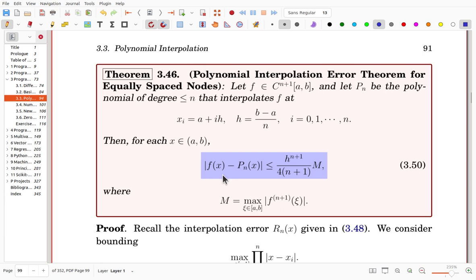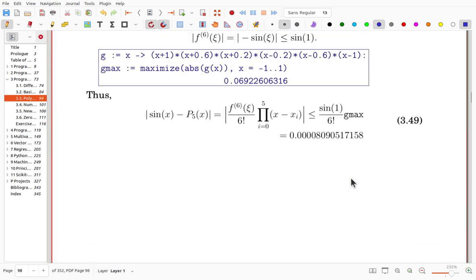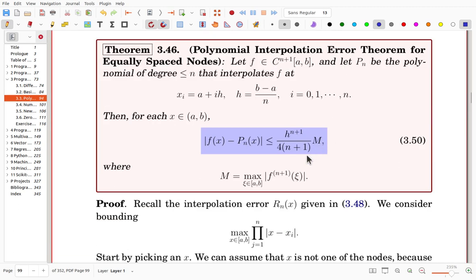Then the error is bounded by this term. When it is equally spaced, rather than this computation, we may use this one to get the upper bound easily. Here capital M is the maximum of the n plus first derivative of that function.